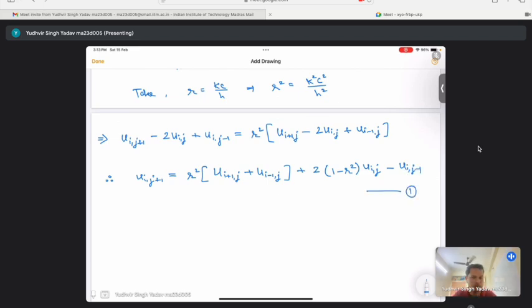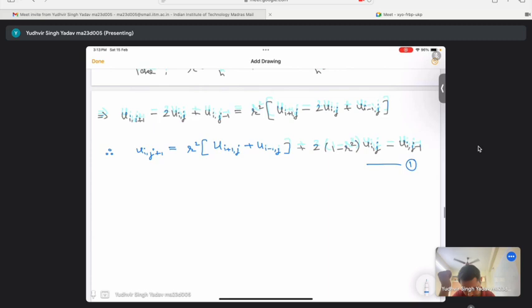Let us number this equation 1. So this is the required final finite difference scheme in order to solve a hyperbolic partial differential equation in one dimension, or a one-dimensional wave equation.